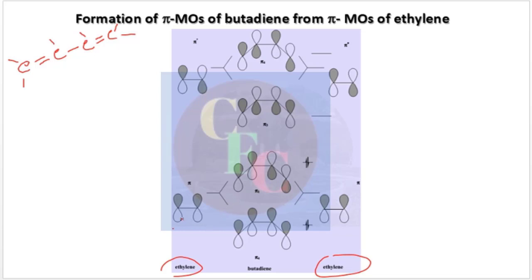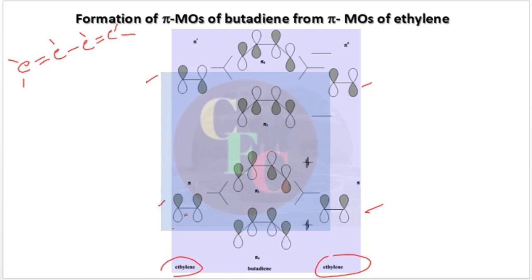Now you see, each ethylene has two MOs, one bonding and one anti-bonding. So there are four MOs, and if you combine them, suppose these are now atomic orbitals, your number of MOs will also be 4.